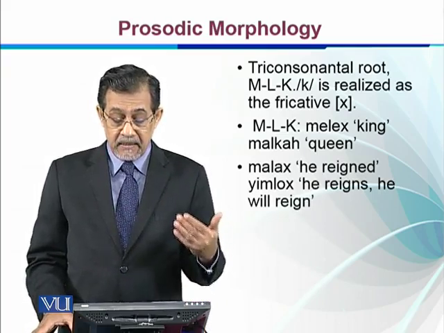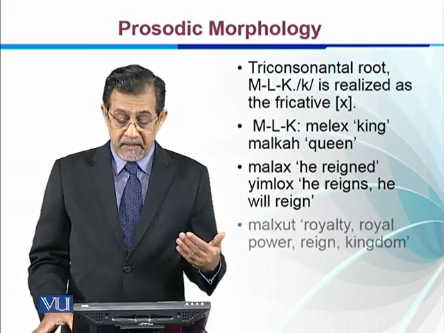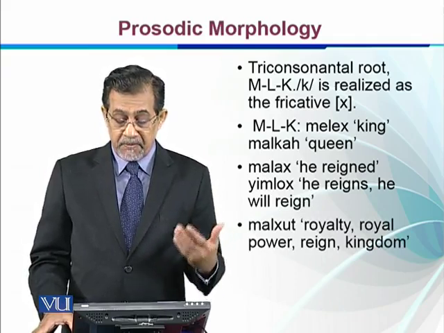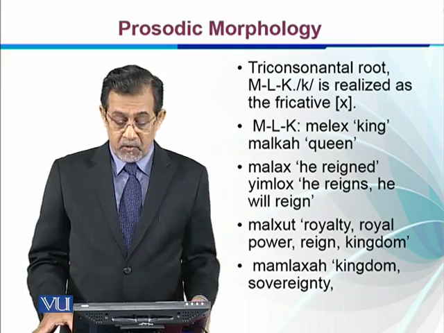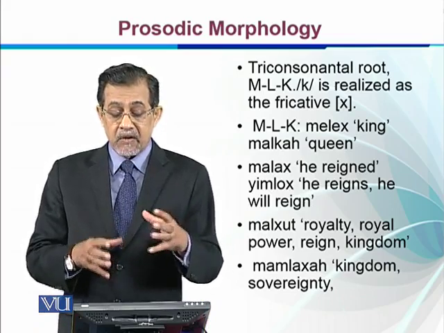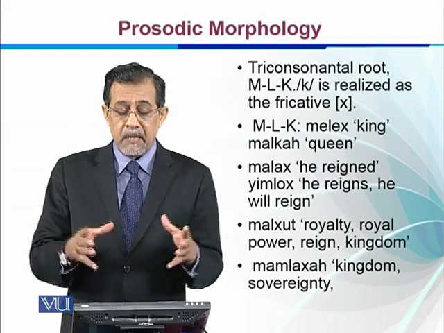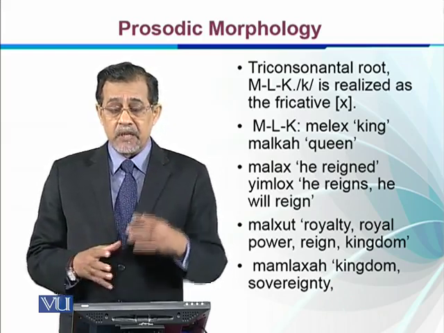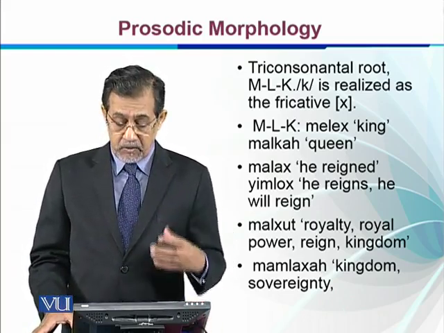Malaka, yamliku, he reigns or he will reign. Malakat, royalty or royal power, reign or kingdom. And mamlaka, kingdom or sovereignty. So you can see that in this triconsonantal root, mim, lam and kaf, certain vowel sounds were superimposed and different words were derived from it.